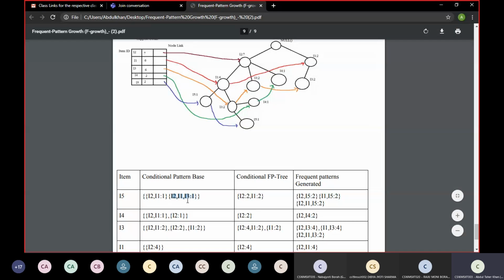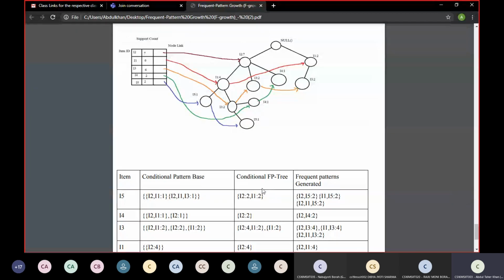I2 has 1 and 1, right? We have combined them, that is I2 is 2, and I1 has 1, I1 here 1, right? So 2. But remember, I3 has 1 but no value there, so we do not have to take I3 because the minimum support count we have taken is 2, so that's why I3 will not come.